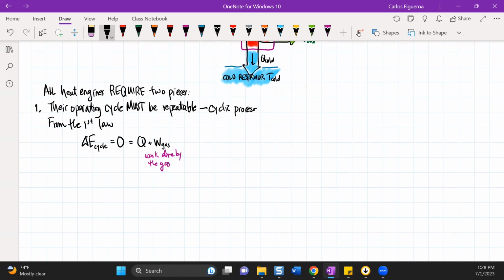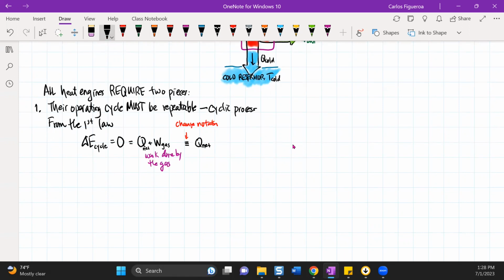So we have a change in notation. Okay, here's our change in notation. By the way, I should have put net here, and then it's going to be Q net.